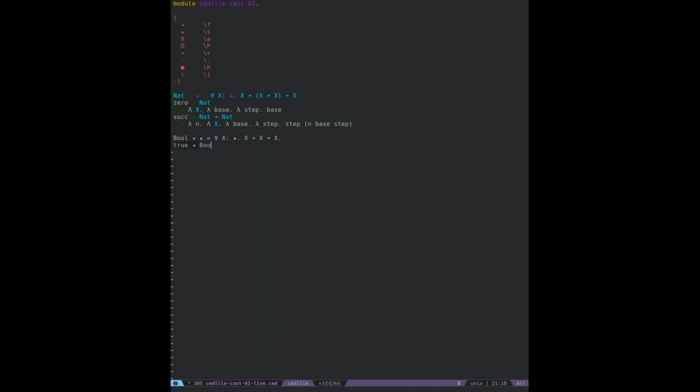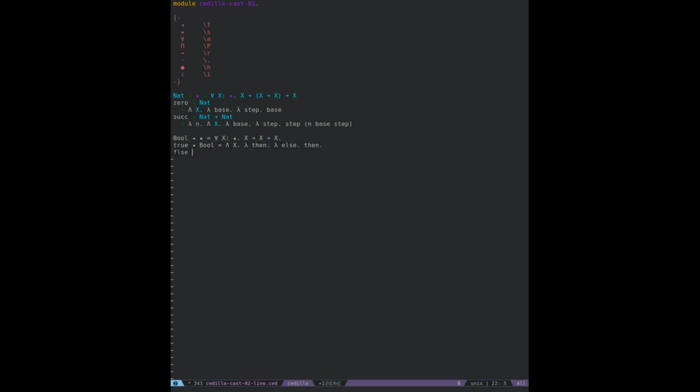True: the definition of true is big lambda x, and then give me a then case. If we're thinking about booleans as inherently being their own if-then-elses, then true takes a then case and an else case and returns the then case.